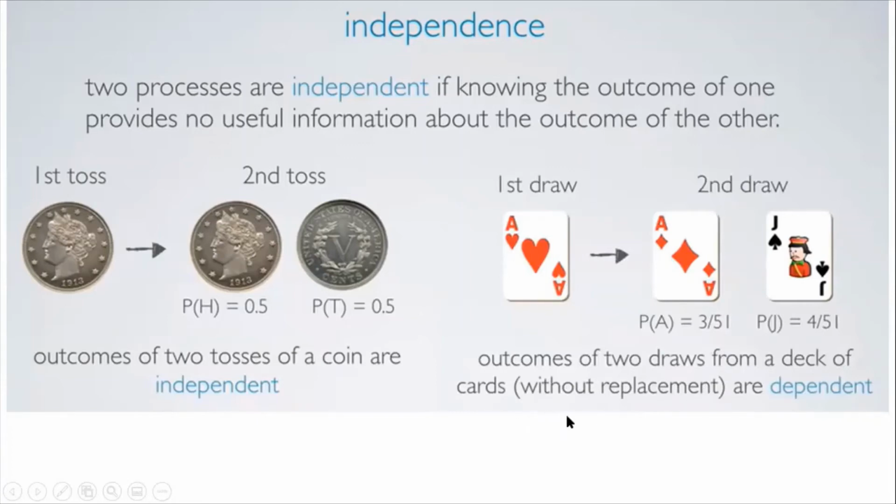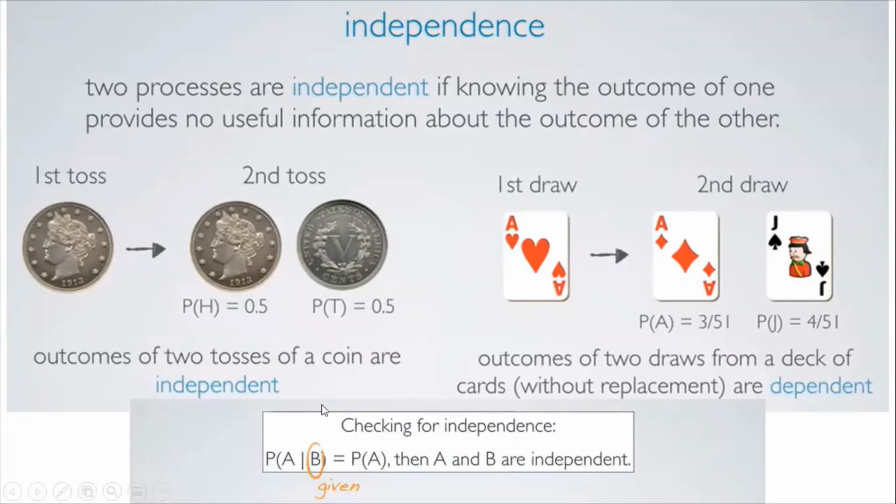Here it is really important: without replacement. So they are dependent, because if you know one outcome, you can know something about the second outcome. It is called dependent.